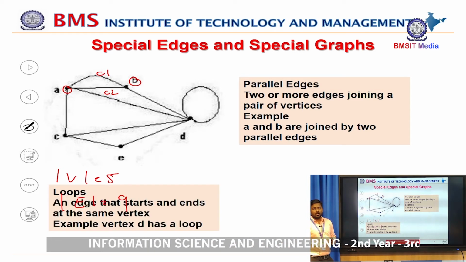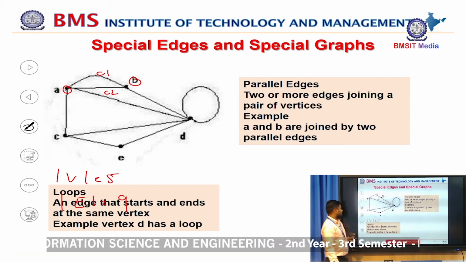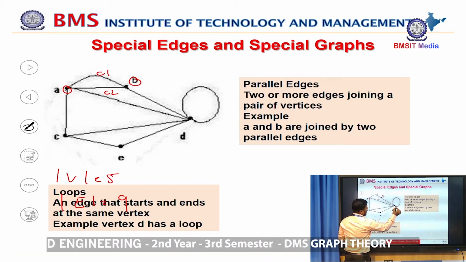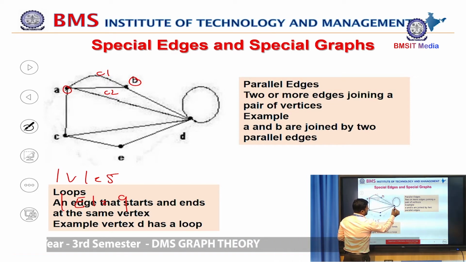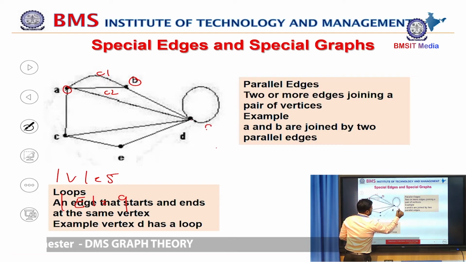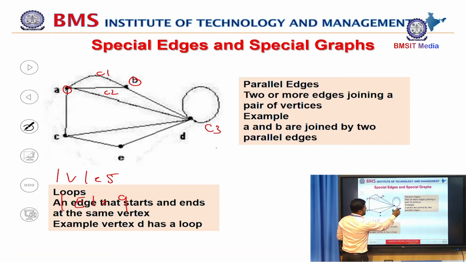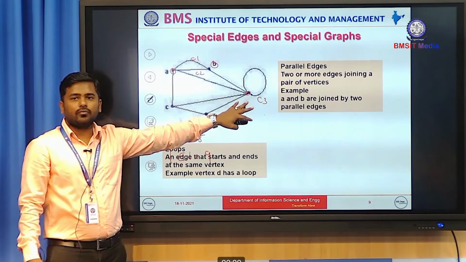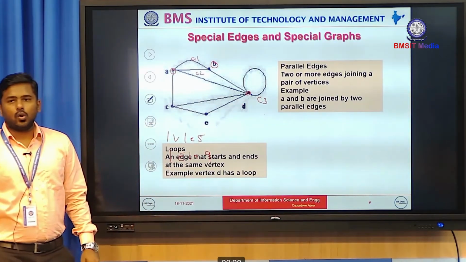Next is a loop. A loop is an edge that starts and ends at the same vertex. You can see here, this is edge E3. This edge starts at vertex D and again ends at vertex D. Such edges we call a loop.